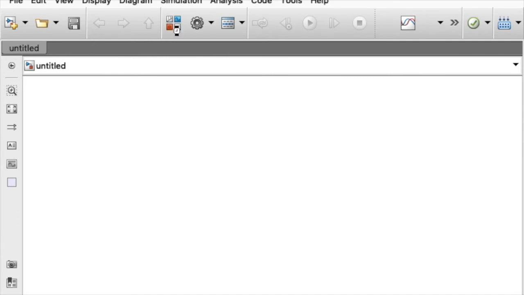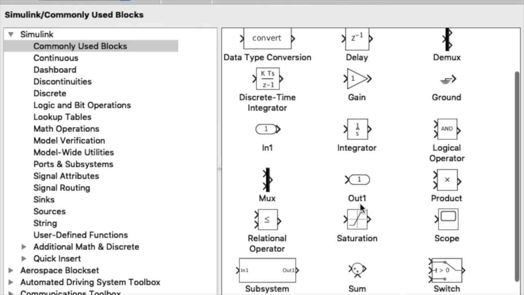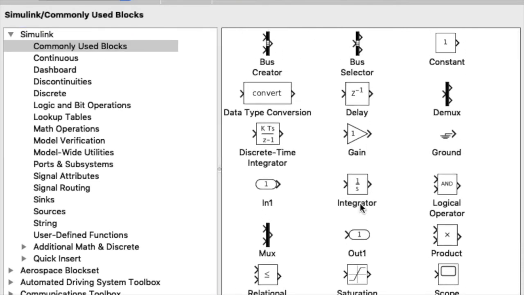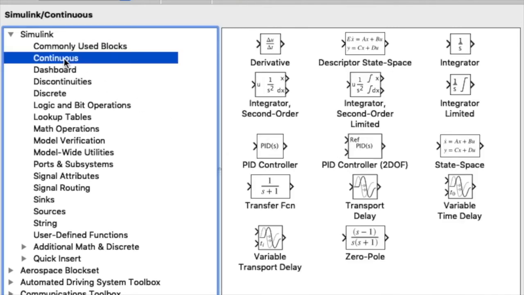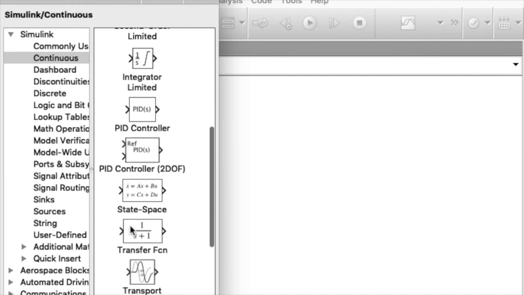If you open the library, commonly used blocks, there is a place where you can put transfer functions. Transfer function, right? So here, you can just drag it here. That's where we can put our open loop transfer function.